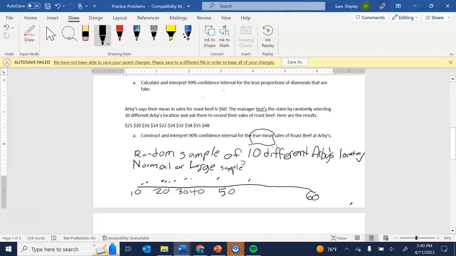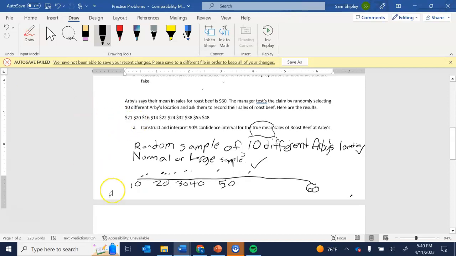So you have a few high numbers, but not too much. That's just a little bit. So no skewness. So it's a small sample. So check. Now we did our checks.